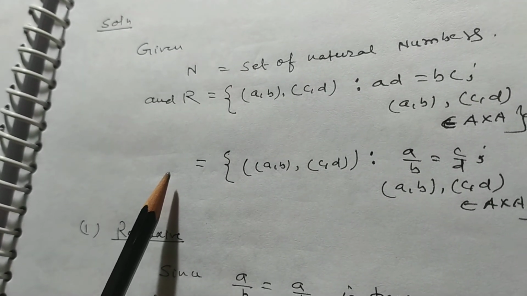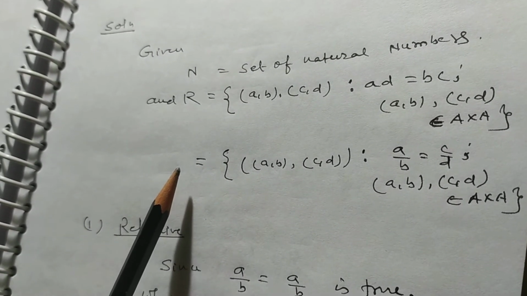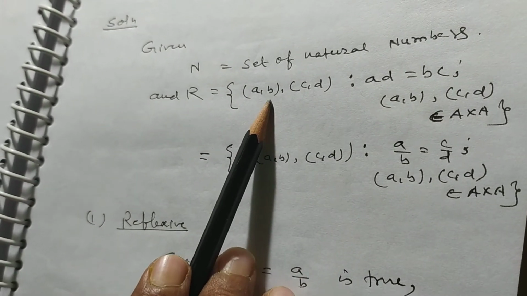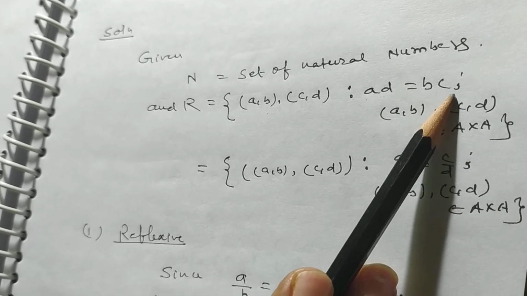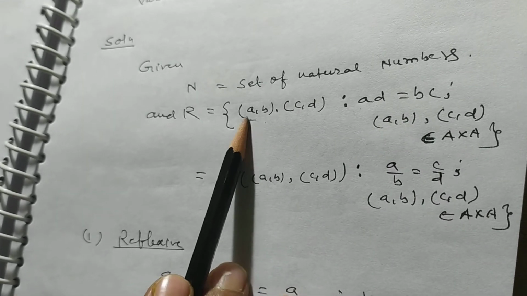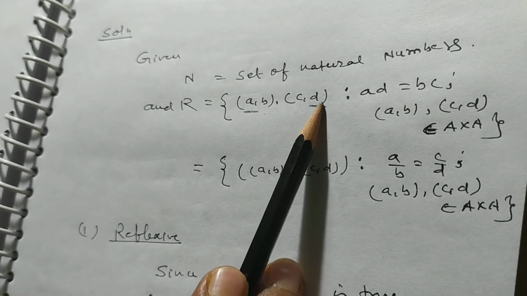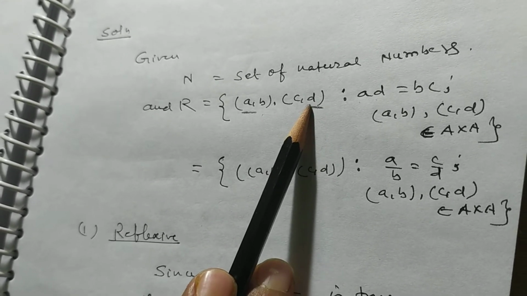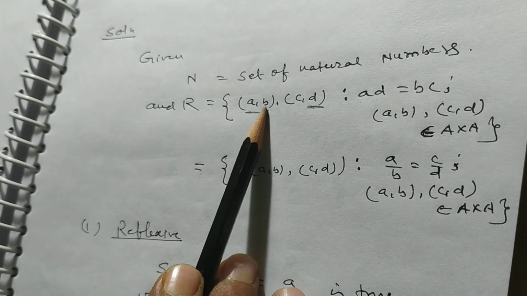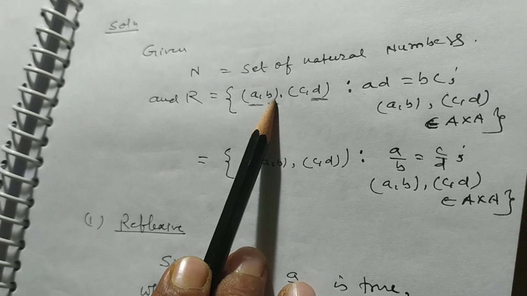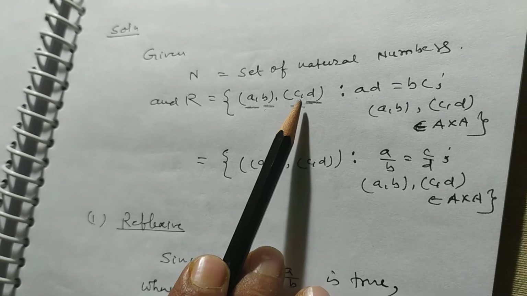The relation is ordered pairs (a, b) and (c, d) are in the relation R, such that ad is equal to bc. a is the first coordinate of the first ordered pair, and d is the second coordinate of the second ordered pair. b is the second coordinate of the first ordered pair, and c is the first coordinate of the second ordered pair.